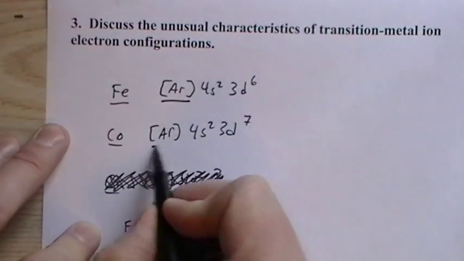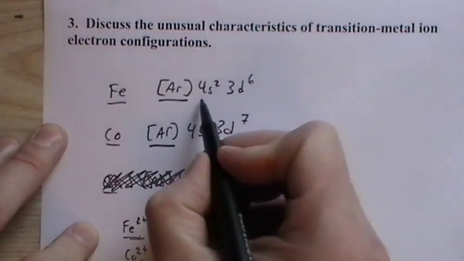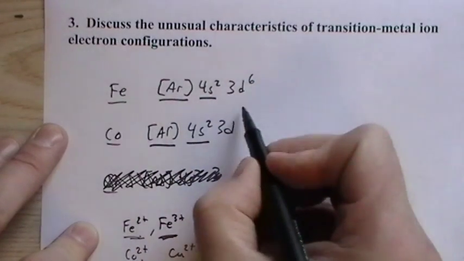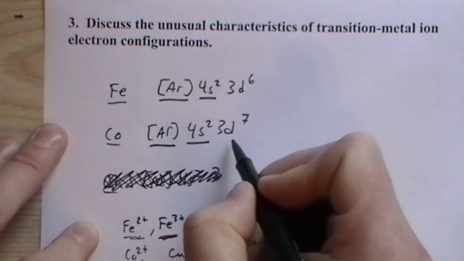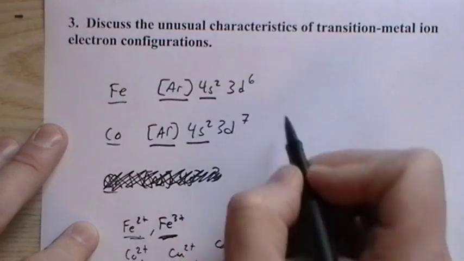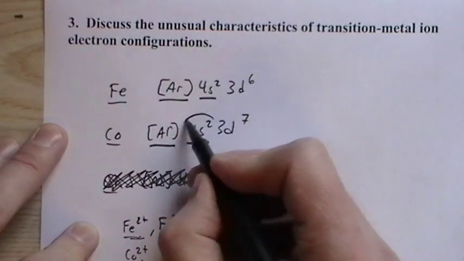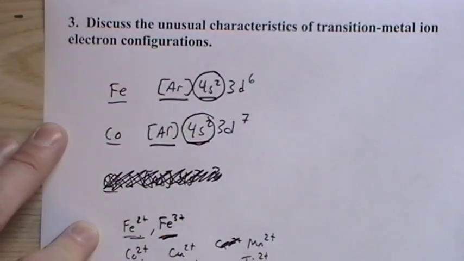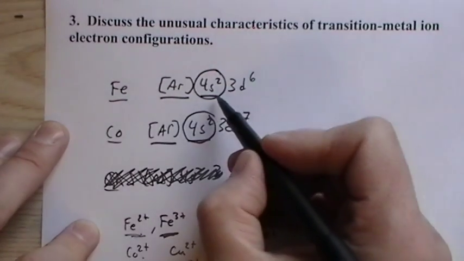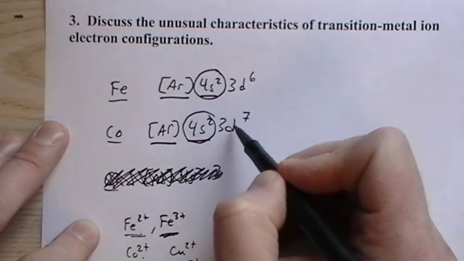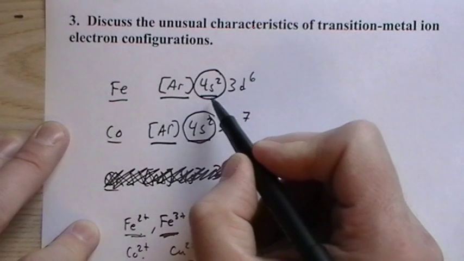They all have argon as their noble gas core, and then they all have 4s2. Then the number of electrons differs. The number of d electrons differs at the end, but they all have 4s2. Now the thing is that removing d electrons is a little more difficult than removing the s electrons.